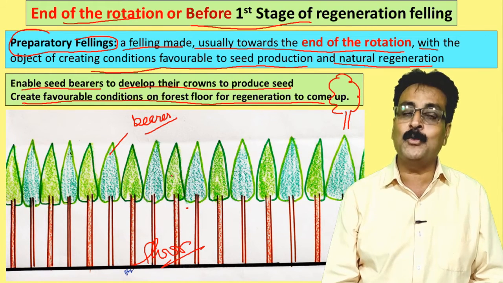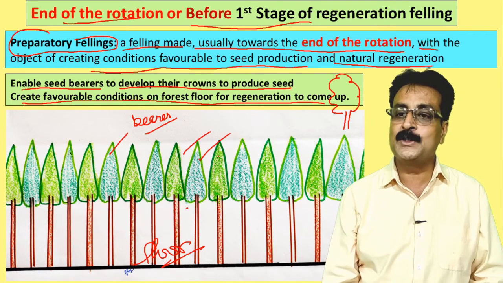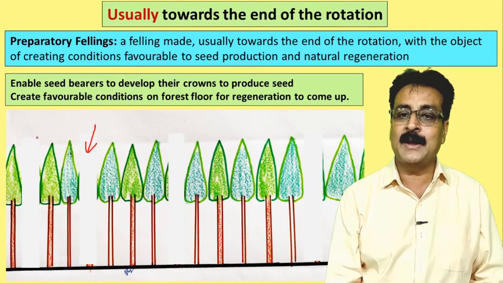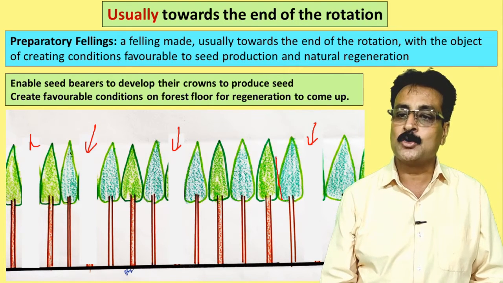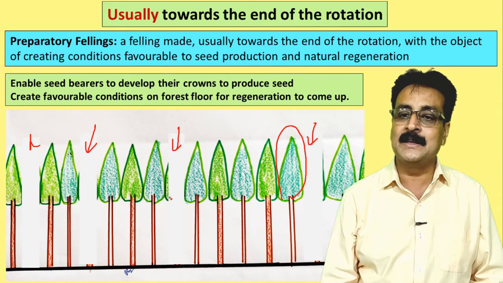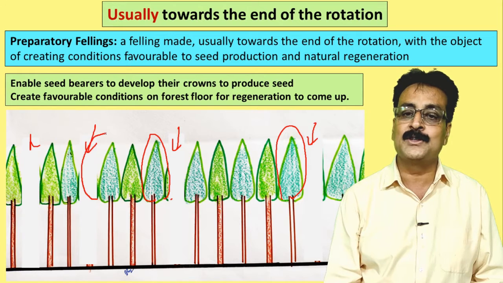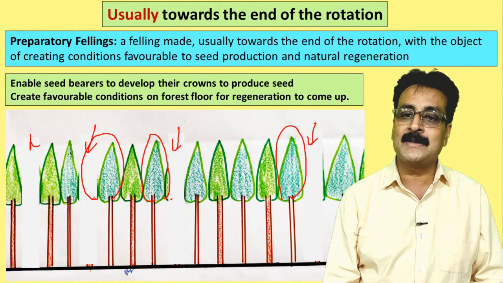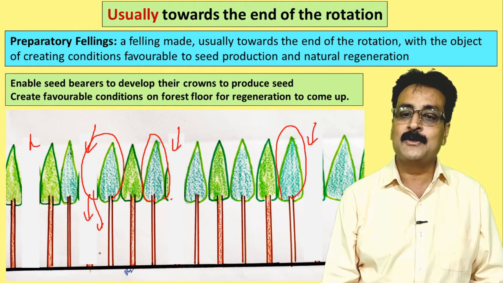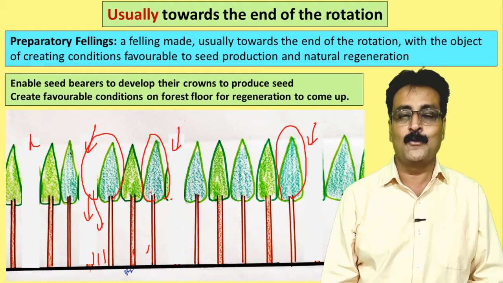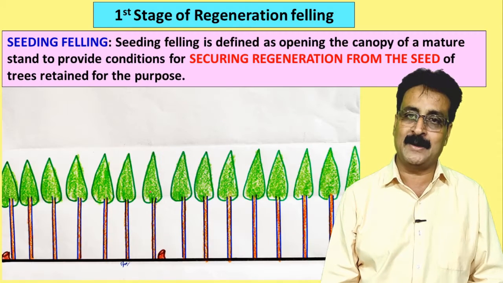It means we have to remove some of the trees which are a bit congested, whose crowns are fighting with each other, so that the crowns develop nicely, and those crowns which are not developed nicely will not give very good seed. Once the crown is developed nicely, they will give seeds, which will help for regeneration. So it will create favorable conditions on the forest floor also for regeneration to come up. That is called preparatory felling.